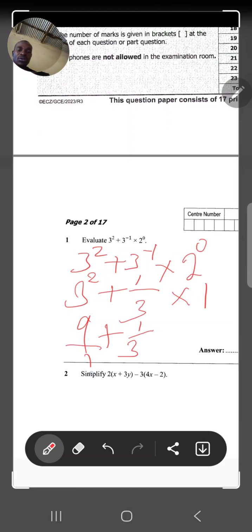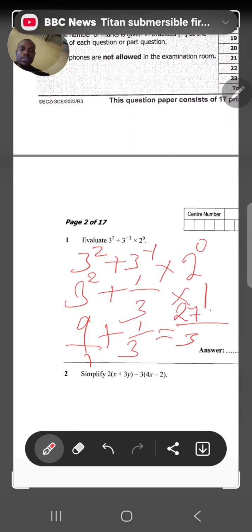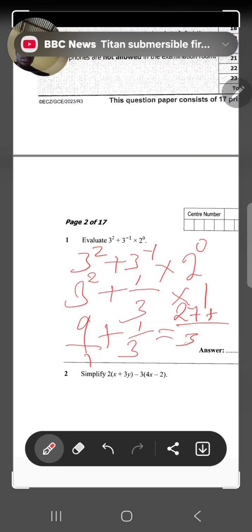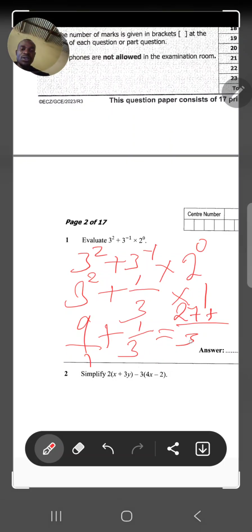This now is going to force us to find the common denominator, which in this case is 3. 1 into 3 is 3, 3 times 9 is 27, plus 3 into 3, 3, 3 times 3 into 3, 1, 1 times 1 is 1.